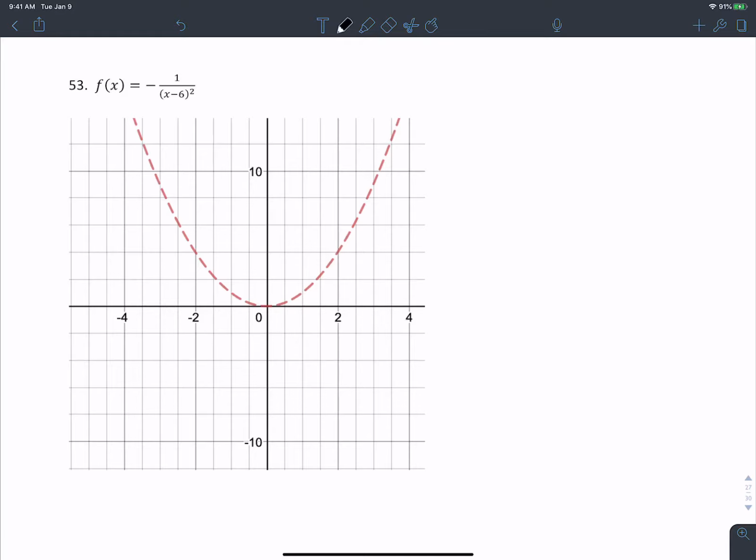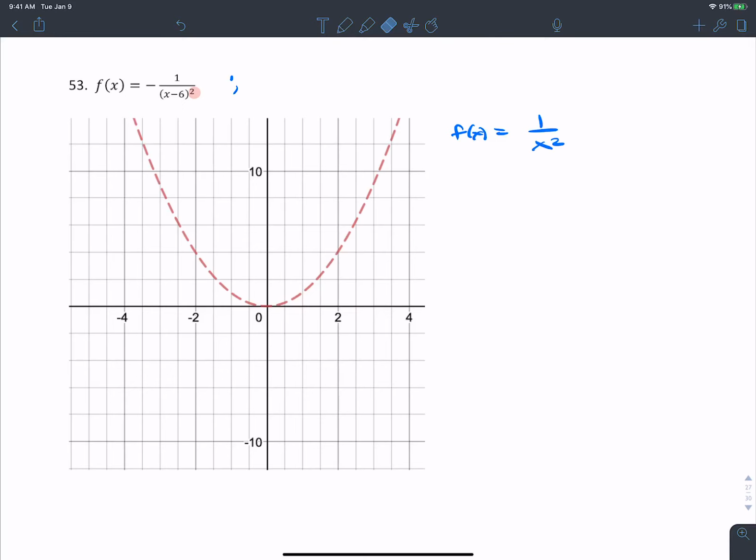53. Remember, this is like the curve of 1 over x squared. And when I see this, there's a typo here. This is a parabola. So here's what I'm going to say to you guys.